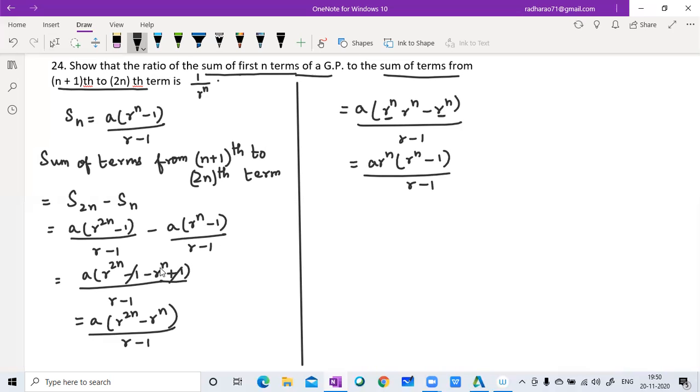Now we are to show that the ratio of the sum of first n terms of the GP to the sum of terms from n plus 1 to 2nth term is 1 by r power n.